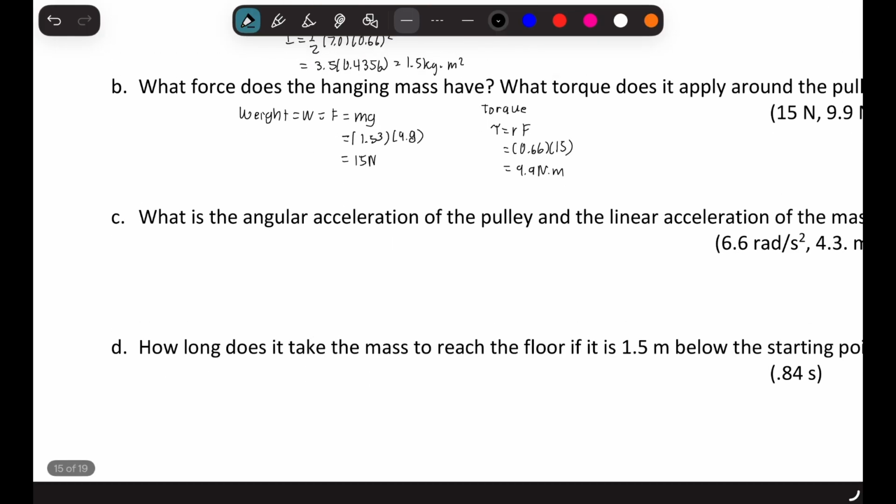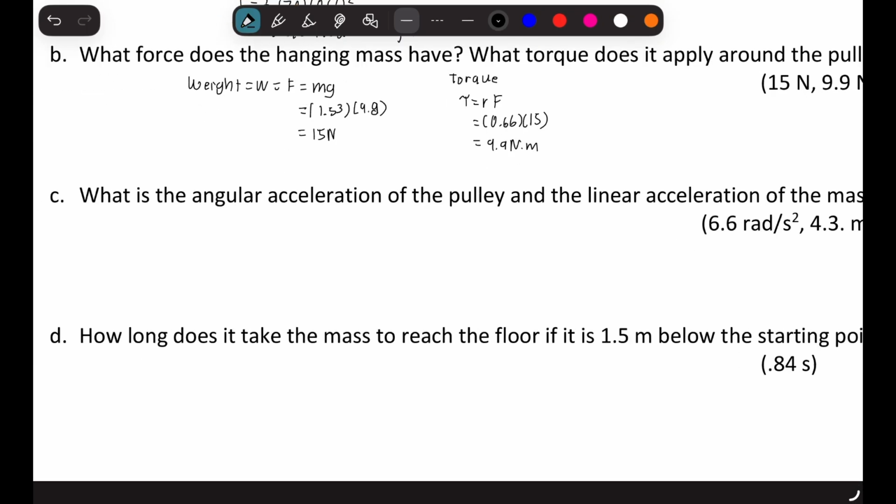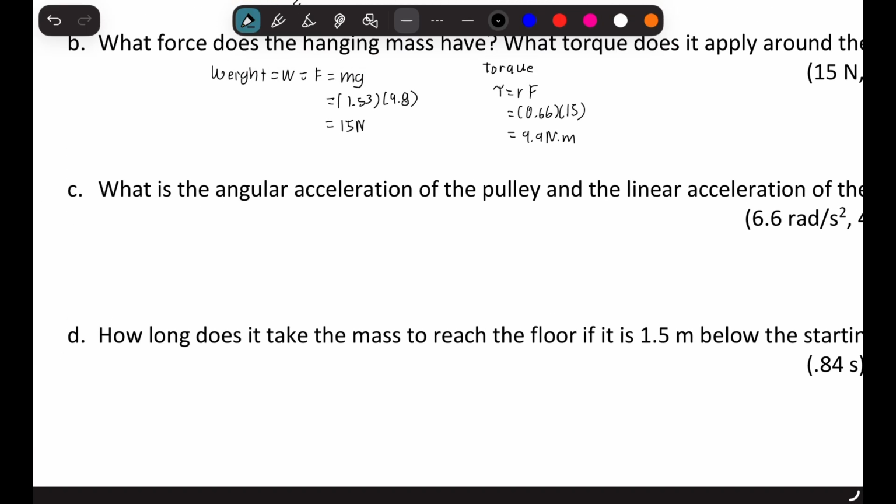Now, what is the angular acceleration of the pulley and the linear acceleration of the mass? So we know that torque is equal to I, moment of inertia, times angular acceleration. So angular acceleration is equal to torque divided by the moment of inertia. So angular acceleration is going to equal 9.9 divided by 1.5. So that's going to equal 6.6 rad per second squared.